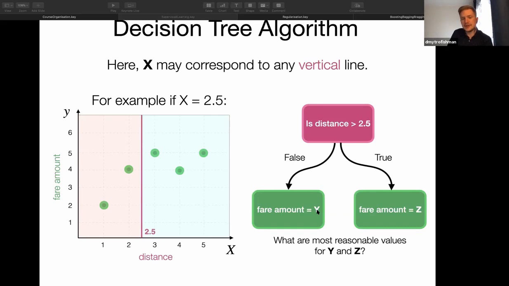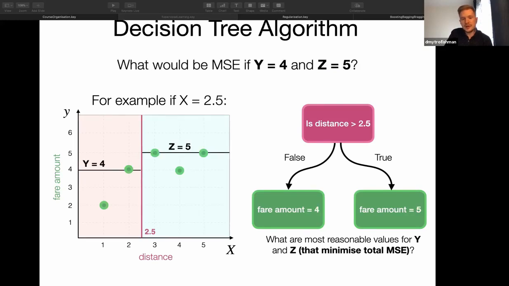Well, basically, we're trying to minimize the error. So the first question we should ask ourselves is, what does it mean for values to be good? And then I would say, let's minimize the total mean squared error. And then you can say, well, exactly as Kenneth said, that taking the averages.